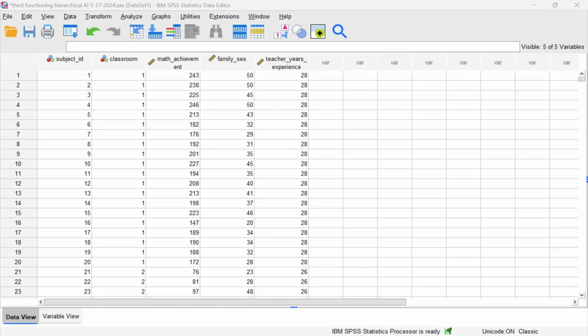Our next step is to create the null model, sometimes called the analysis of variance model. We go to mixed model, linear, establish still the classroom as the nest, and we're going to create our first random component in the combined equation, which is U0J. We're going to ask whether or not there is significant variance among the group means around that grand mean intercept.